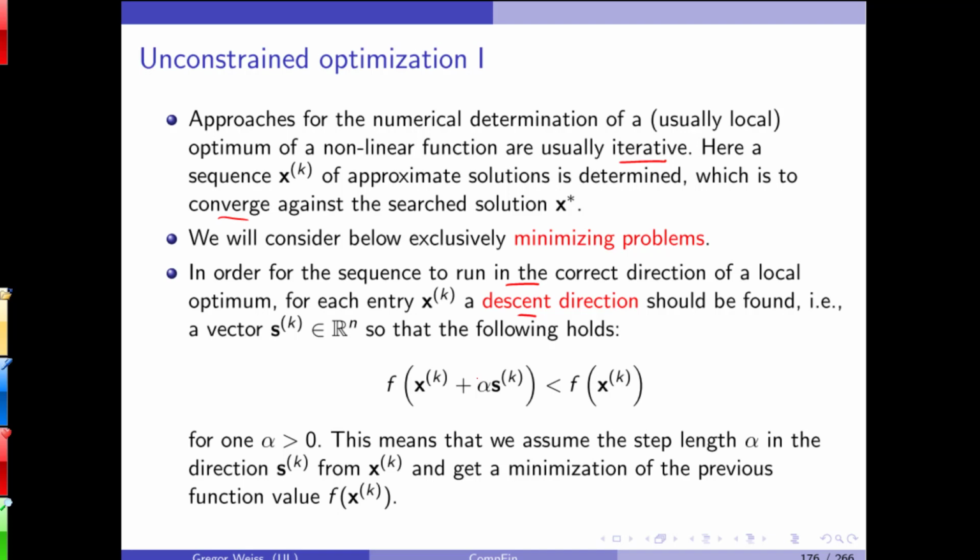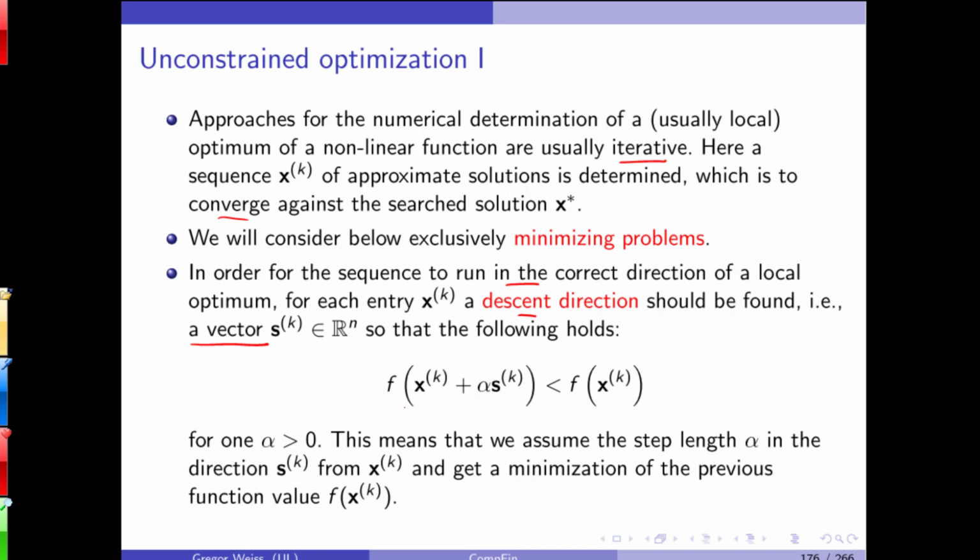And then the idea behind all of these algorithms is that I should take the next solution and I should go into the direction of steepest descent, where the function decreases at the highest rate. And it's quite simple to find this direction of steepest descent. You simply take the gradient, where the gradient becomes minimal. So we are trying to find a vector S so that the following holds.